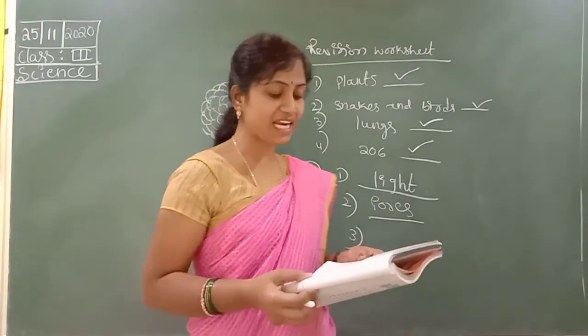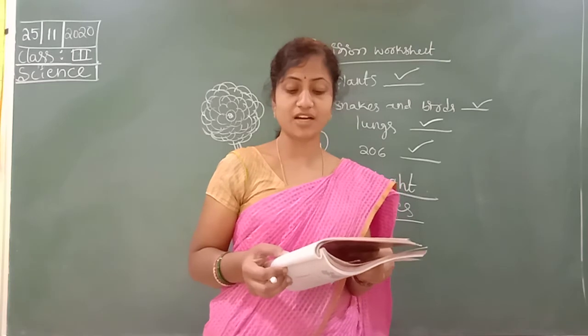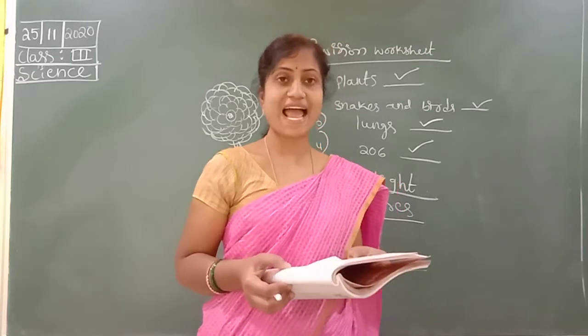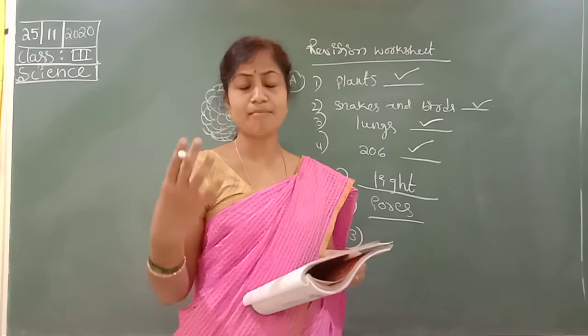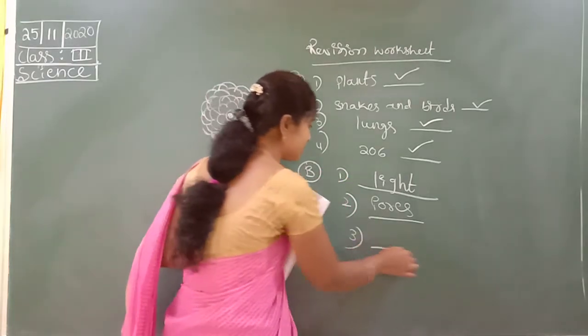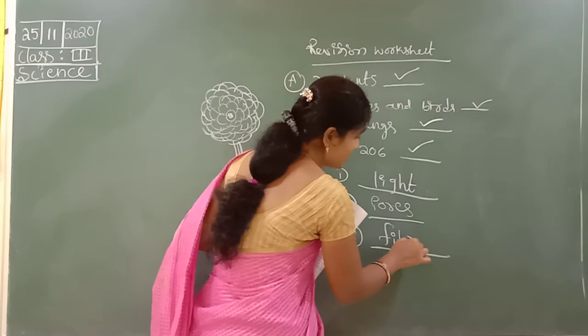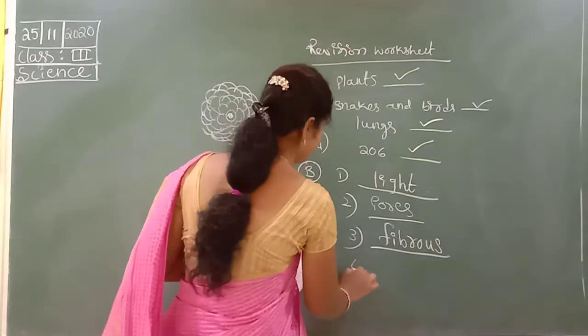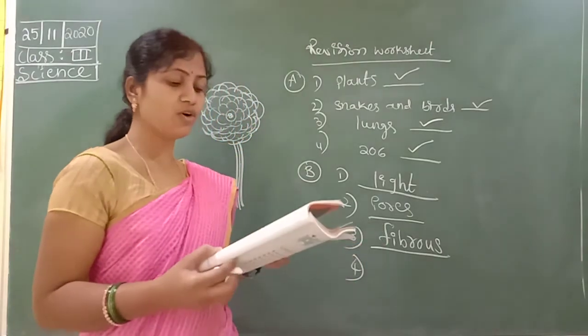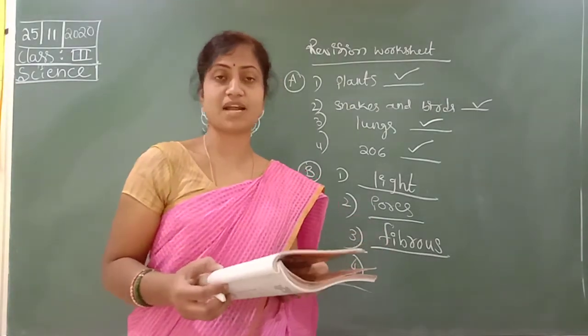Next, when a number of roots grow from the end of the stem, it is a dash. What is that root's name? Fibrous roots. A number of roots means fibrous. Next, dash holds the plant upright and supports its branches.